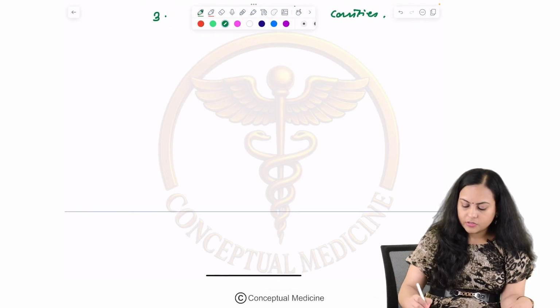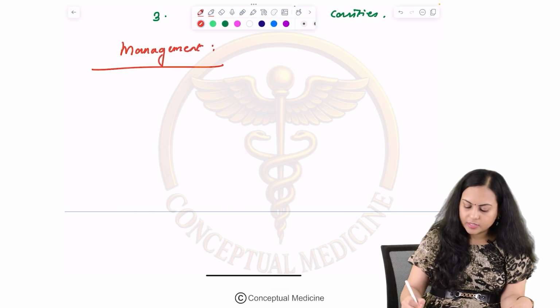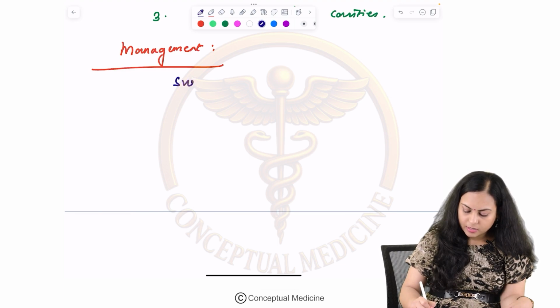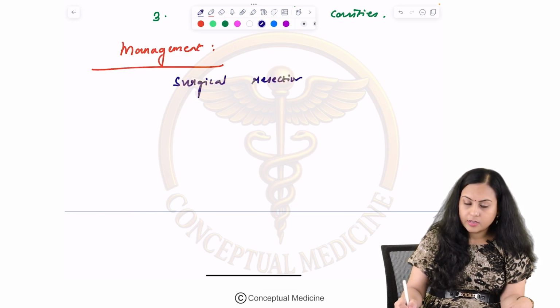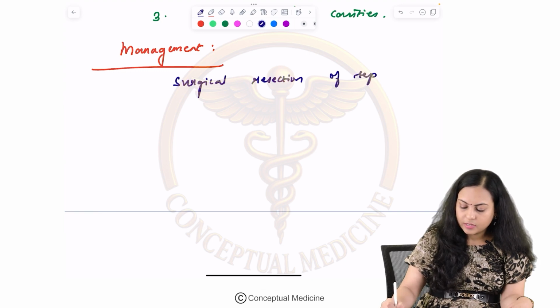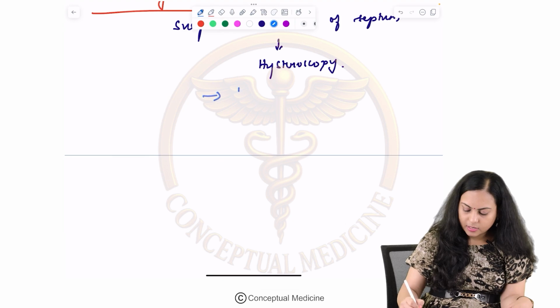So how will you manage this septate uterus? Management is ideally by surgical resection of the septum, which is done through hysteroscopy, right?